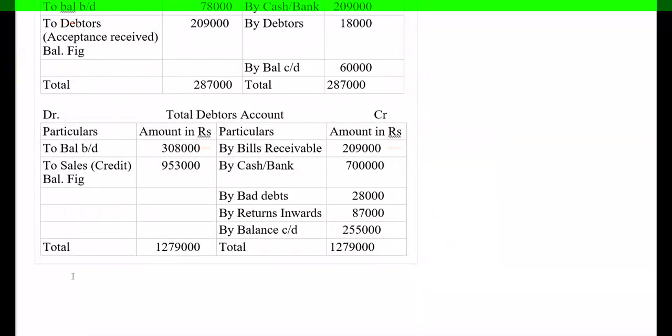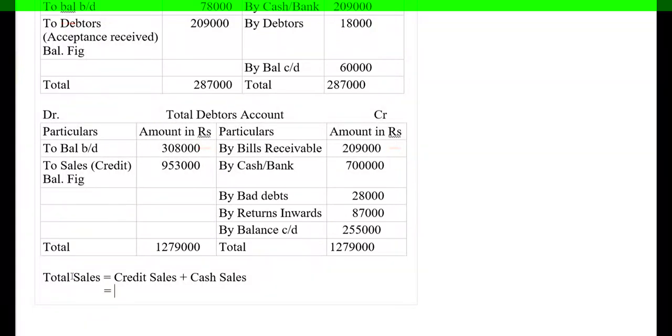The question here is to find out the total sales. So now you put the formula: total sales equals credit sales plus cash sales. Now we know the value of these two. Let us put the values in the above equation.